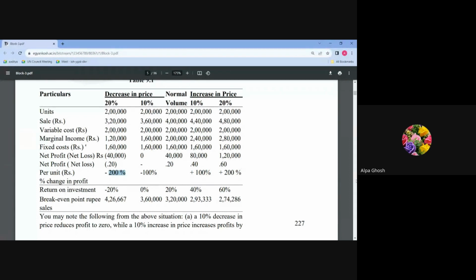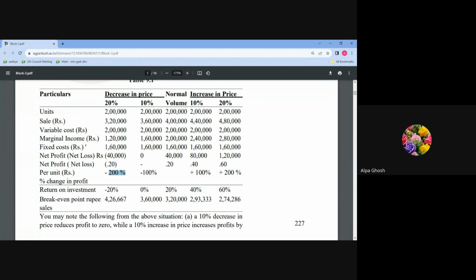We are trying to find out the percentage change in profit. When we need to find the change, that means we need to compare it with something. We are comparing it with the normal volume.